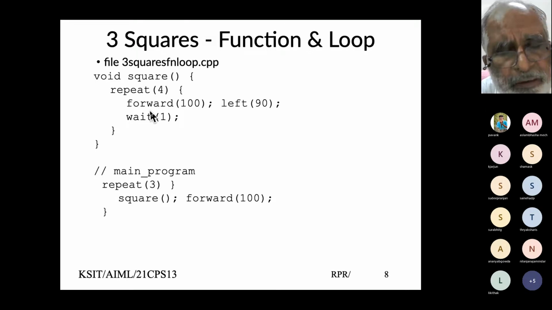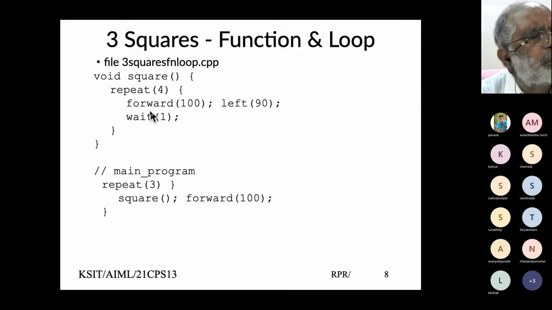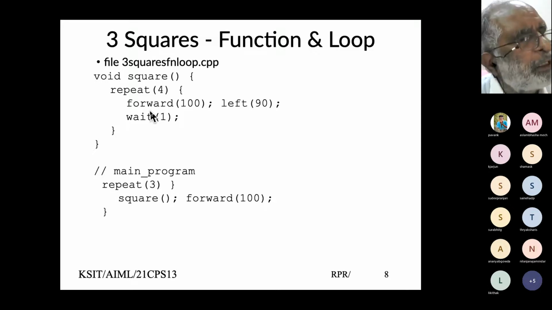So I should have a mechanism to indicate that even though I want to use a function square, I should be able to specify the size or length of the side of a square. So rather than hard coding the value 100, can this value be defined as a parameter to the function called square, to make a square of size 60 pixels or 50 pixels or 100 pixels, and that becomes a runtime choice.